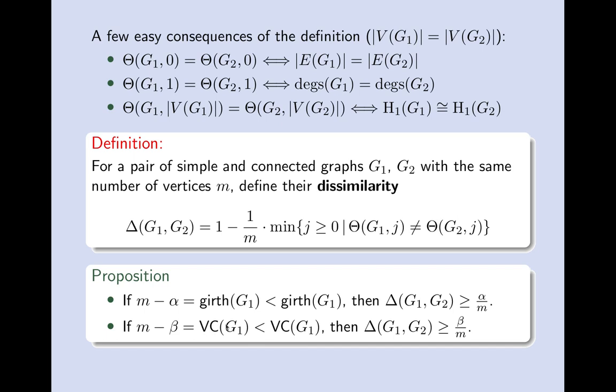Well, the girth is just the length of the shortest loop inside the graph, and the vertex cover number is just the minimal number of vertices inside the graph that cover all the graph, such that all the edges intersect at least one of these vertices.